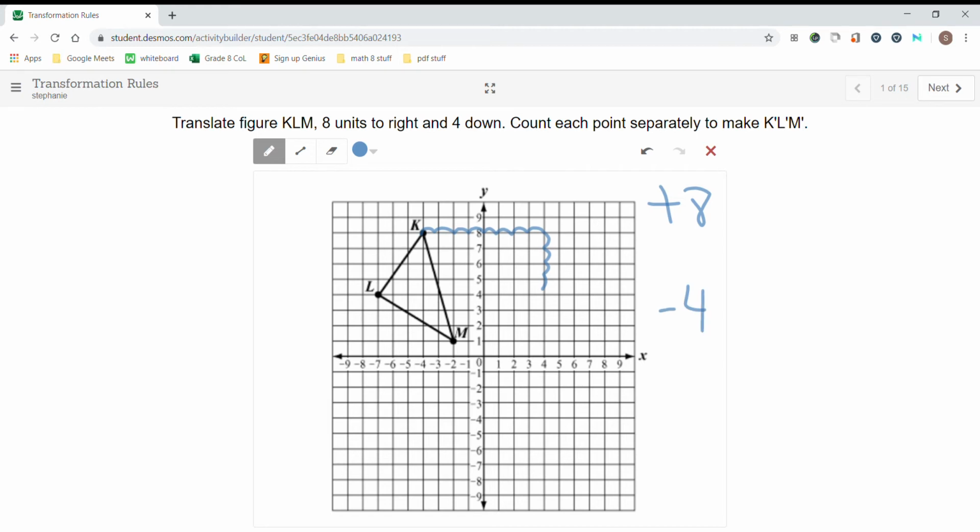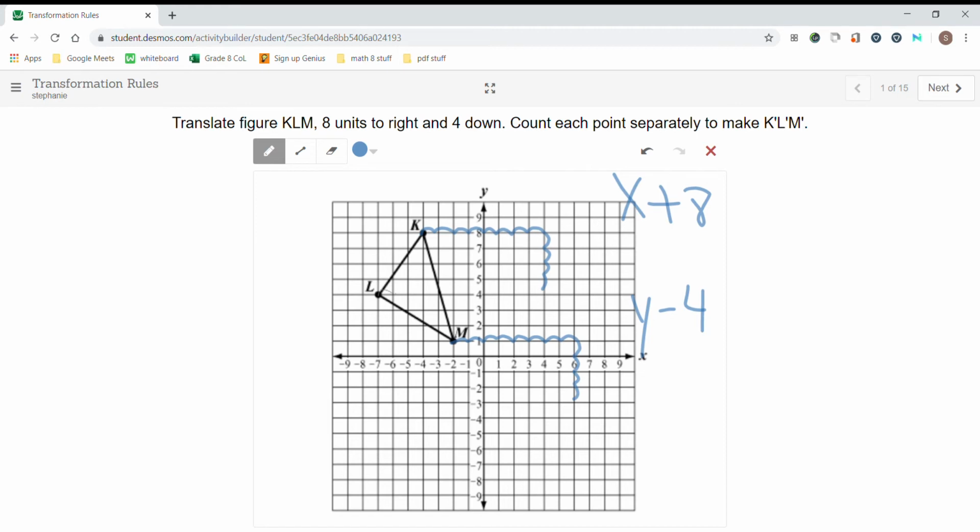What I mean by that is I can take this point, K at -4. -4 is my X, and that's the thing I'm going side to side with. So it's going to be X plus 8 and Y minus 4 for each of these points. M, I could have done 1 through 8 and down 1, 2, 3, 4.